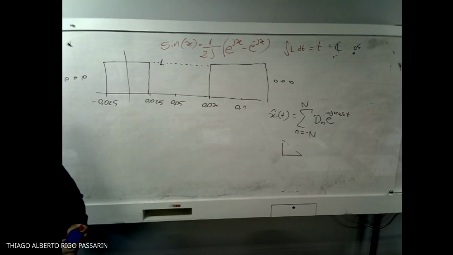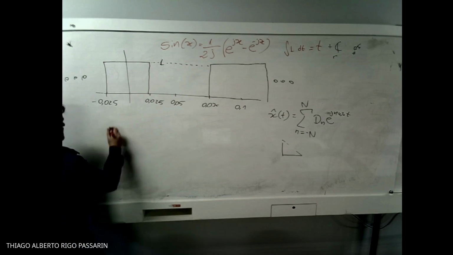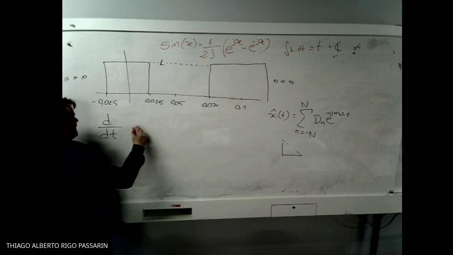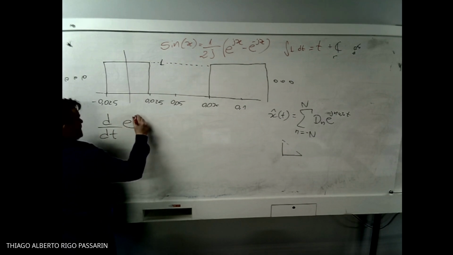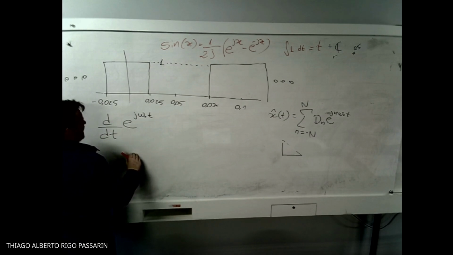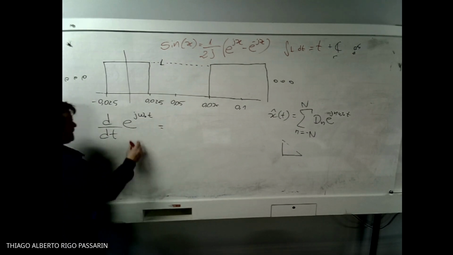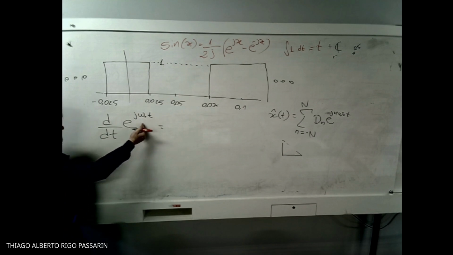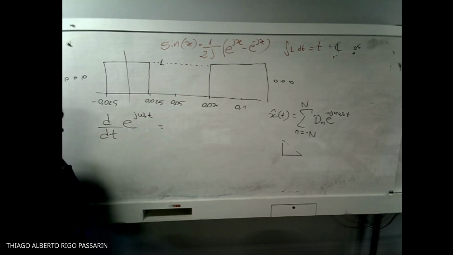I think we saw the exponential is the eigenfunction of the derivative. The derivative is one operation. So the time derivative of e to the j omega 0 t might be e to the j omega 0 t times something, meaning that it is an eigenfunction for this operation.